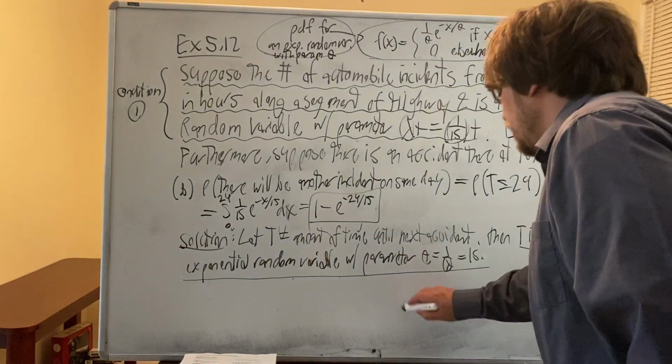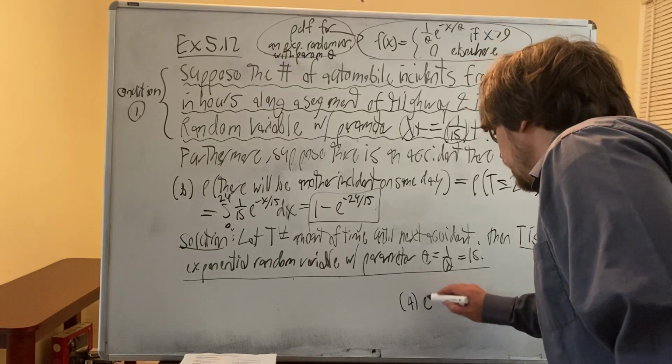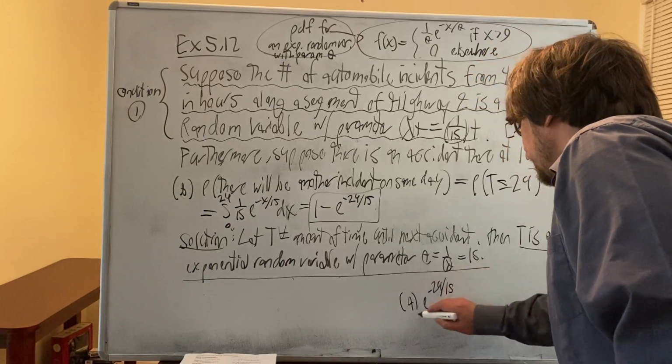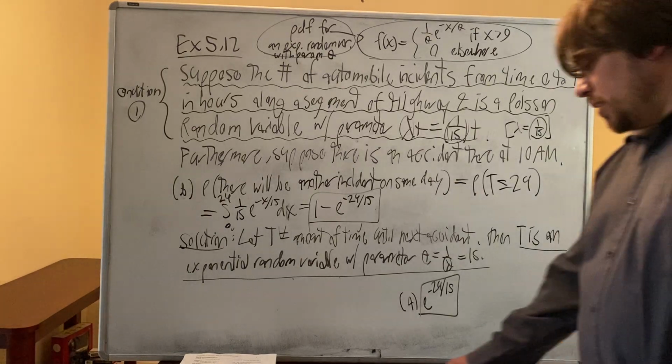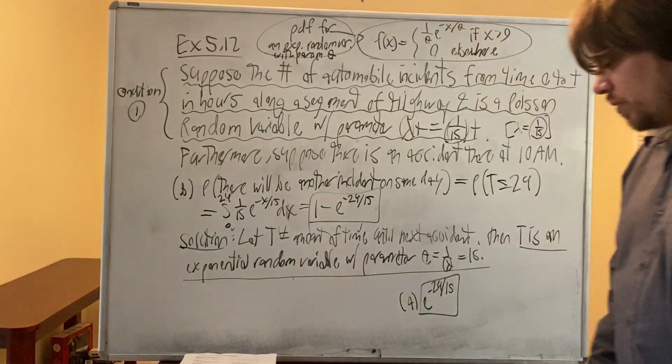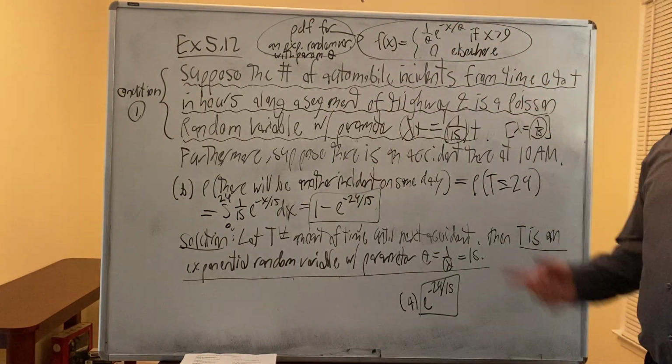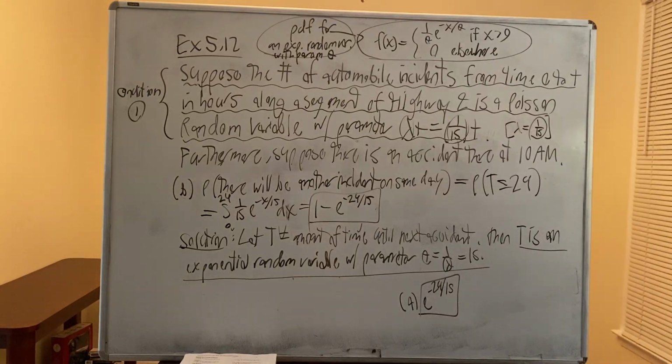So for A, the answer is e to negative 24 over 15. Okay, and for B, it's 1 minus that. Okay, so that's that example, example 5.12.